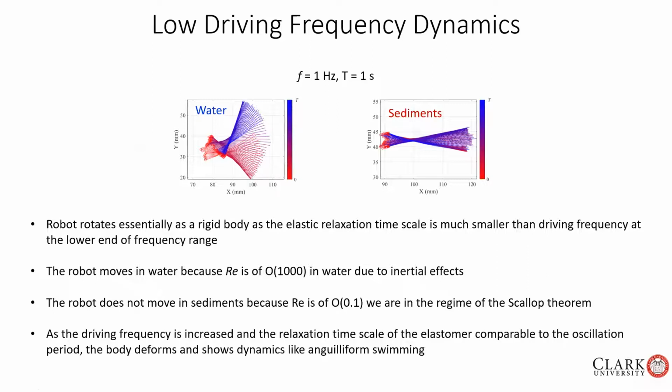So the robot does not move forward at all because of the scallop theorem. But as we increase the frequency, the elastomer relaxation timescale becomes more comparable to the oscillation period, and the body deforms and shows the dynamics of anguilliform swimming.